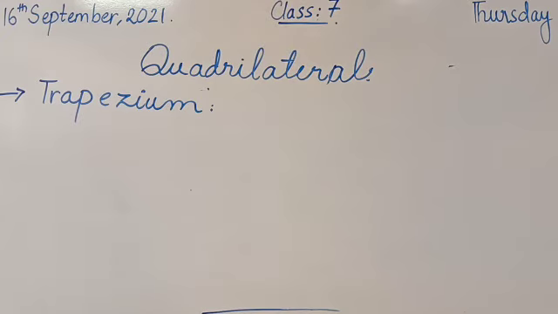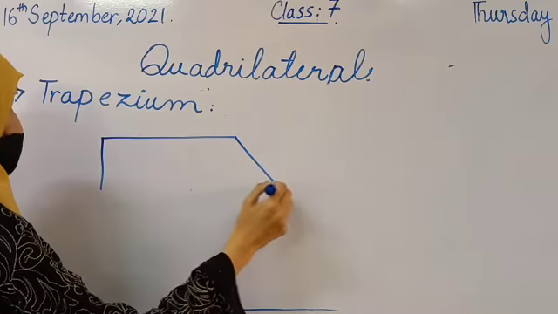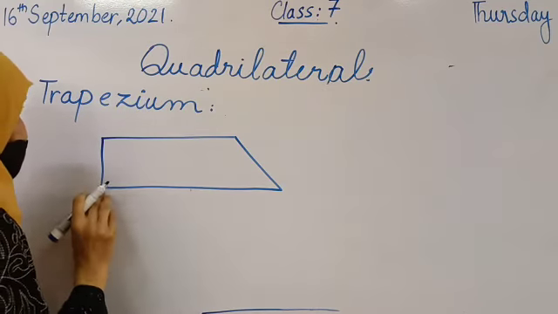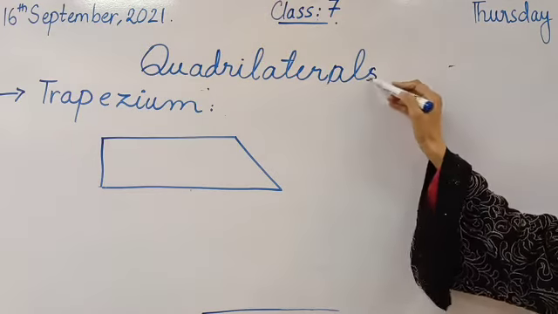How does it look? Do you have any idea? Let's see. Any irregular shape with straight sides is called a trapezium, but there is only one property which must be followed by a trapezium, otherwise this shape will not be a trapezium.